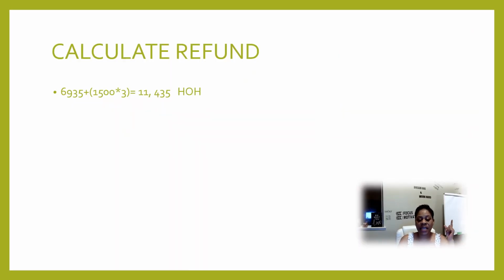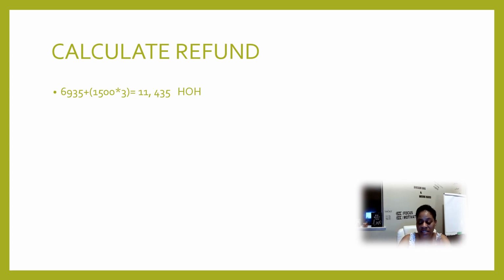So let's just say for that person, in our example, they made $18,000. They got 3 kids, 3 dependents, which are their kids under 17. So they qualify for the full earned income credit, $6,935, and they have 3 kids under 17, each of them getting $1,500 on the child tax credit.